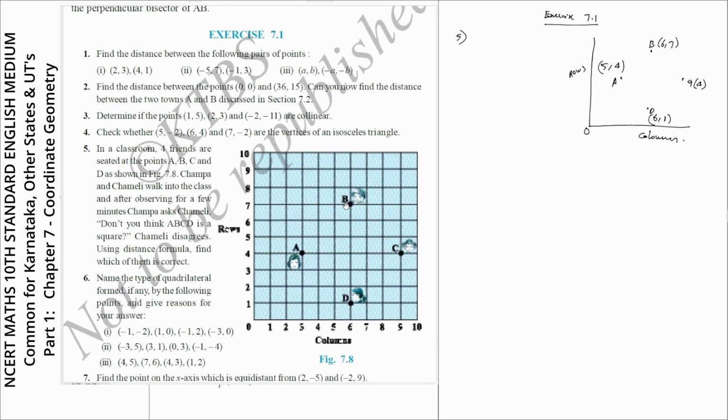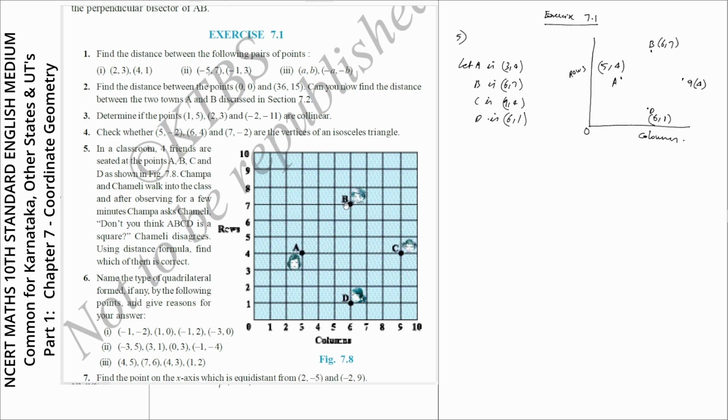Okay, first let A be 3, 4, B is 6, 7 and C is 9, 4 and D is 6, 1.